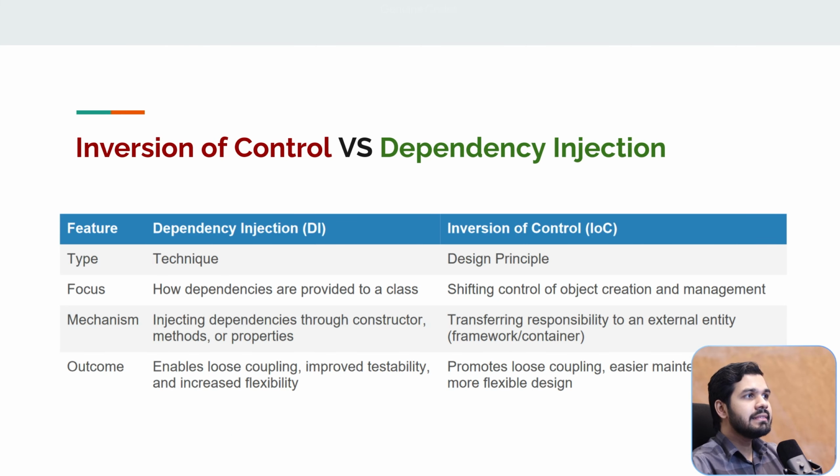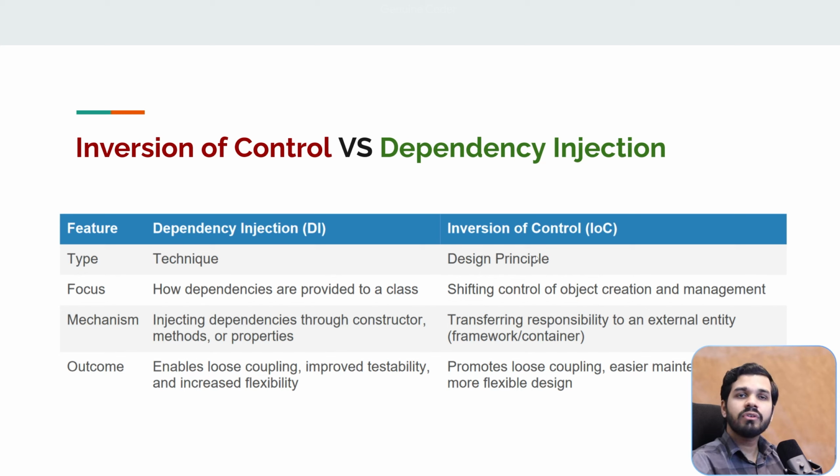And then let us talk about inversion of control versus dependency injection. If you have already heard about Spring Boot, you might have heard about dependency injection and inversion of control, and there is usually confusion about the difference between these two. To make it clear, I have provided a table here.